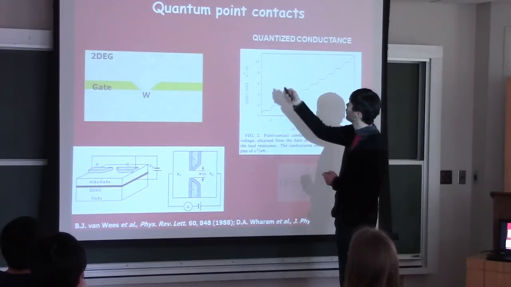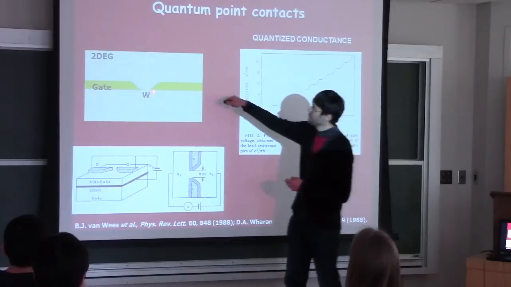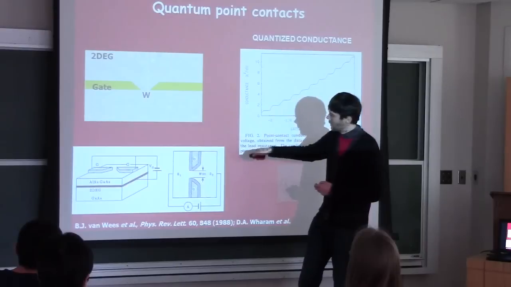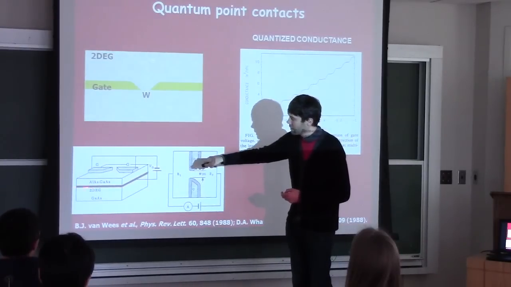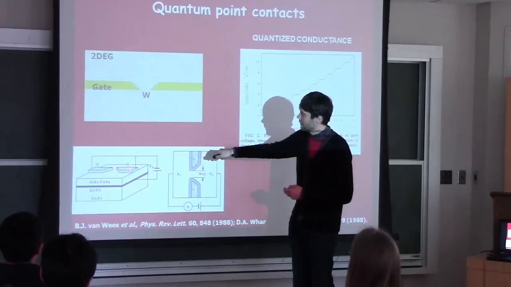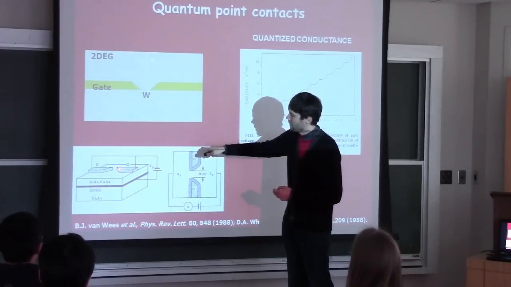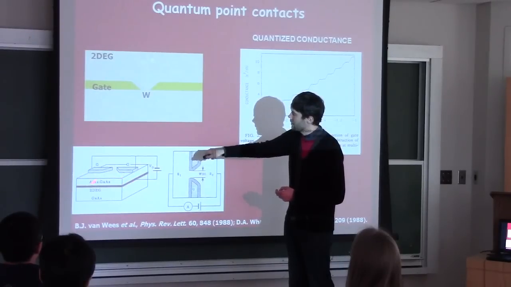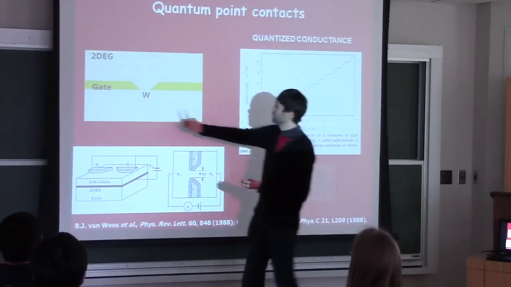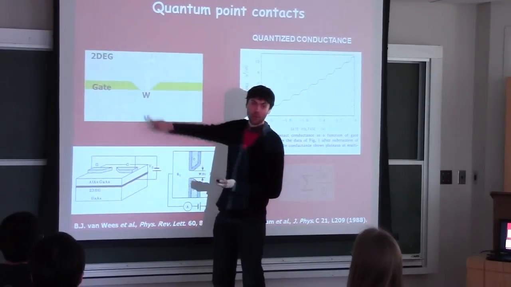This system is called a quantum point contact, and it is a narrow channel in a semiconductor. Here you can see the side view. Electrons actually live 100 nanometers underneath the surface, and there are gates on top with which you can, if you apply negative voltages to them, deplete electrons here and here. So where yellow parts are, there are no electrons underneath. And so electrons are forced to go through this channel.